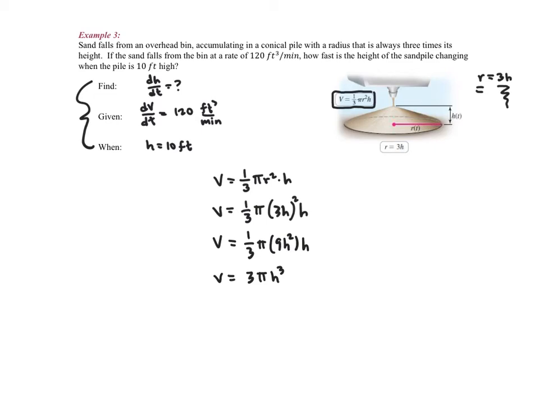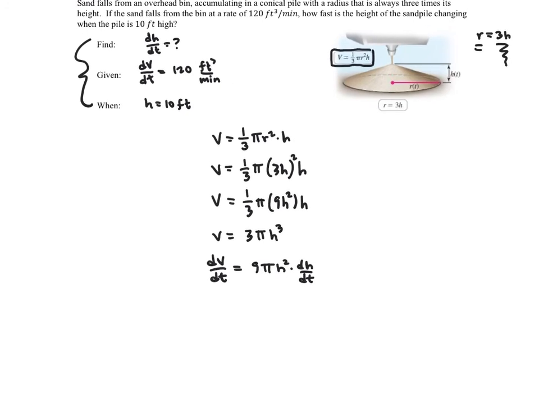And that's all we need now when we differentiate with respect to t. So differentiating both sides with respect to t, I get dV/dt is equal to, now I use the power rule, 9 pi h squared times dh/dt, utilizing my implicit skills. Okay, now we use what we're given and when it happens.